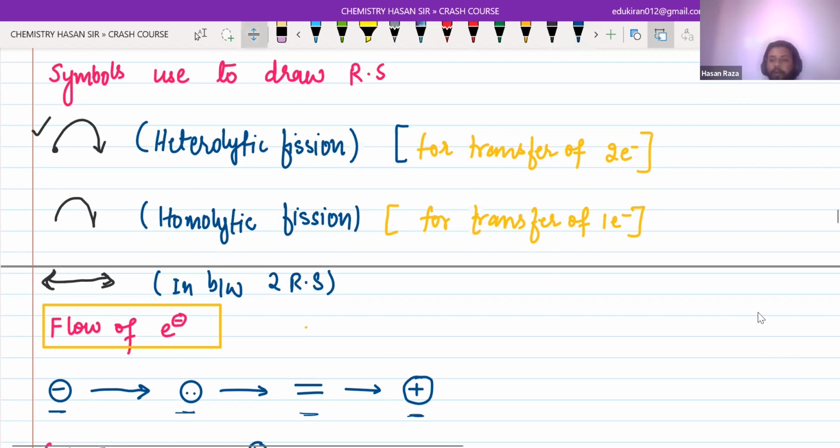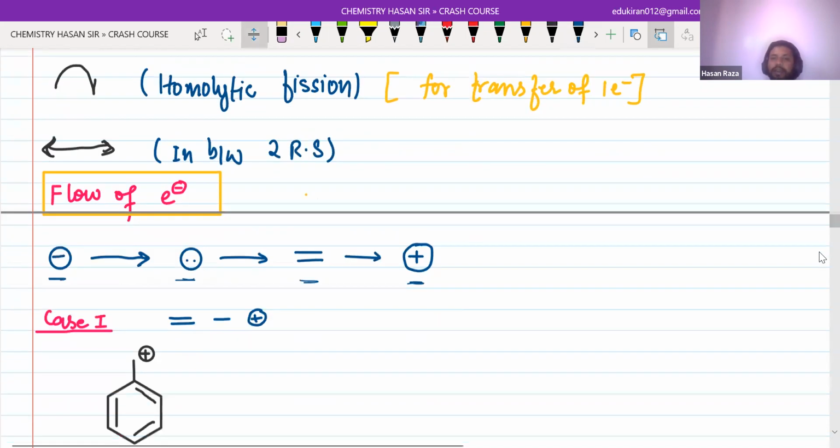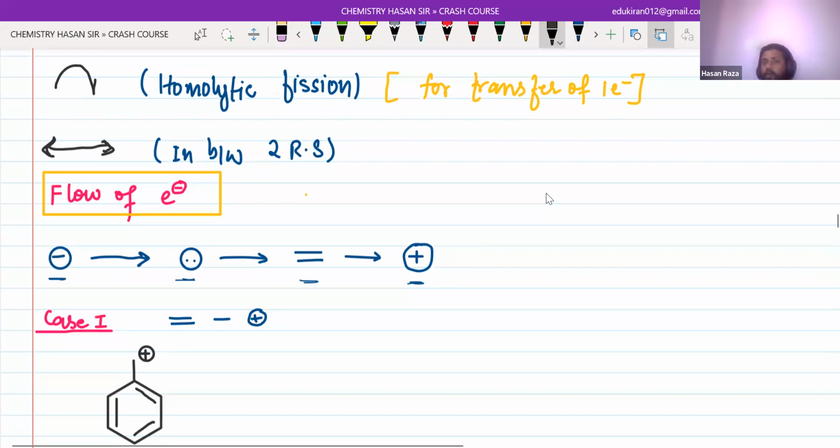So this is higher potential to lower potential, and this is how the electron goes: negative to lone pair, this is the lowest, then lowest, then lowest. Is that clear? Please do respond.